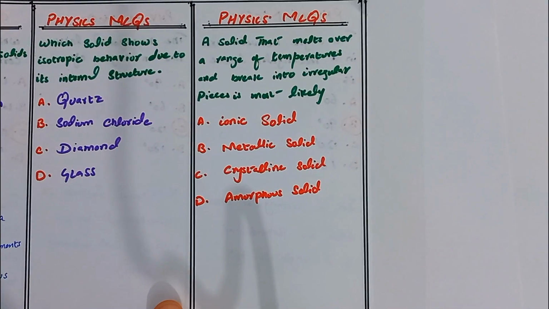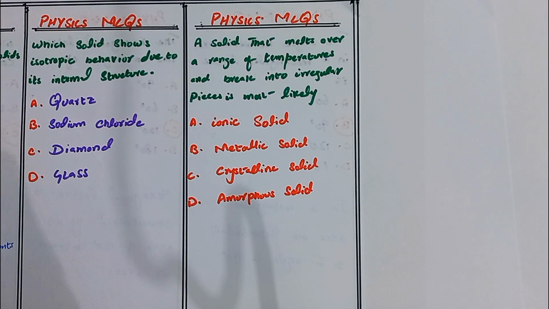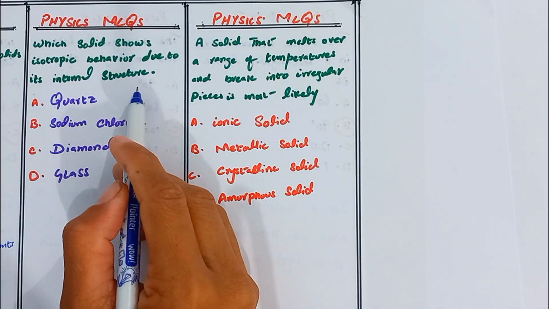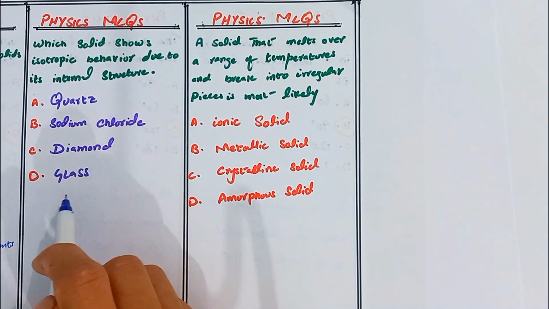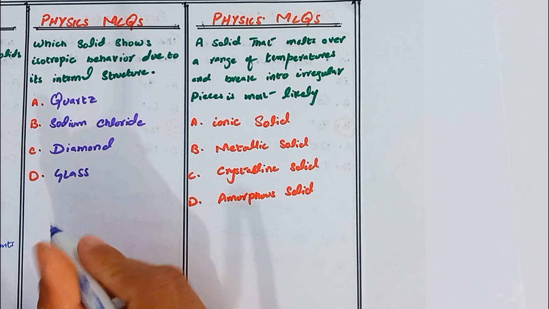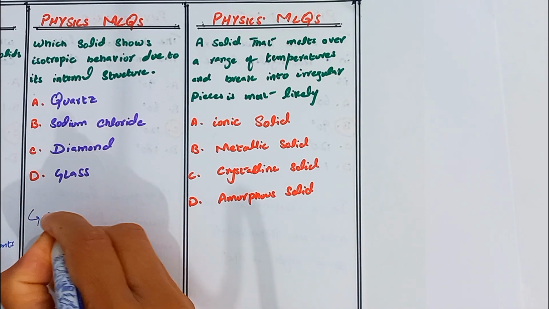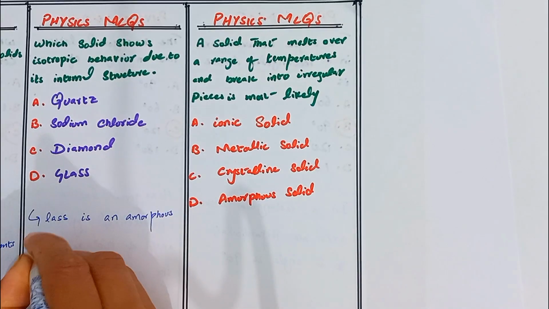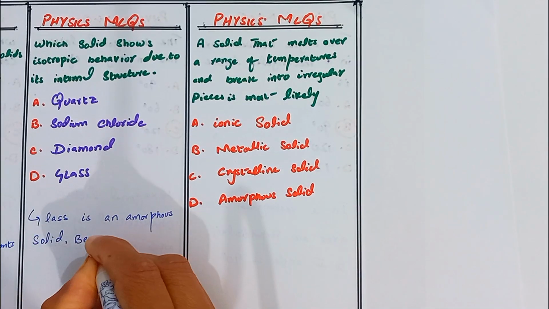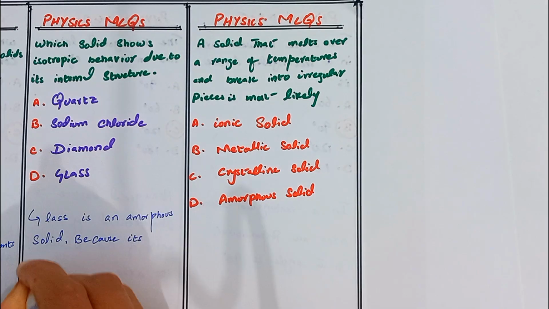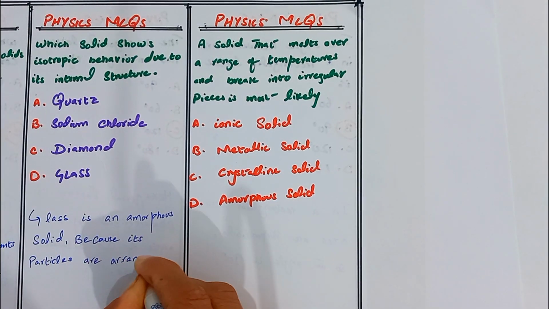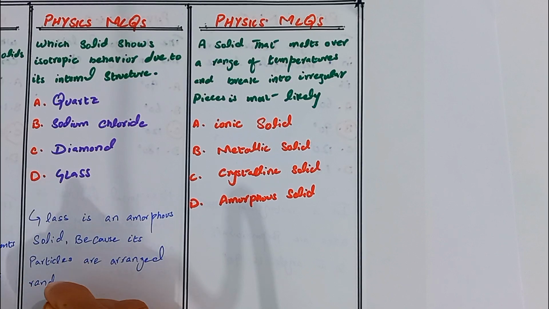Okay, now we move to the second MCQ. Which solid shows isotropic behavior due to its internal structure: quartz, sodium chloride, diamond, or glass? We know that glass is an amorphous solid because its particles are arranged randomly.